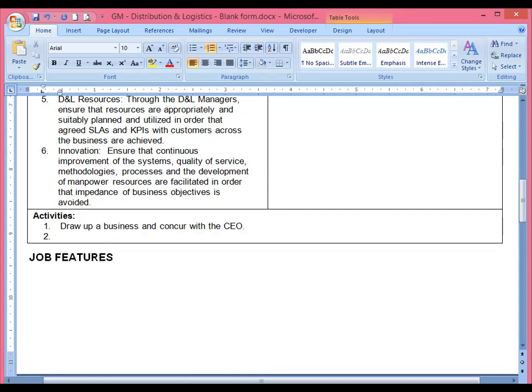Second activity, agree with the DNL managers, of course, the goals and objectives.